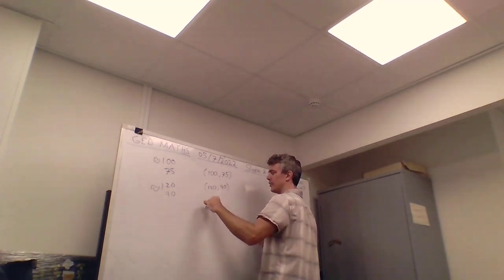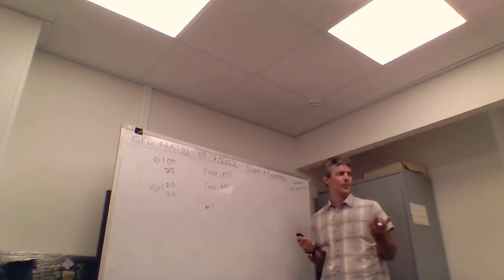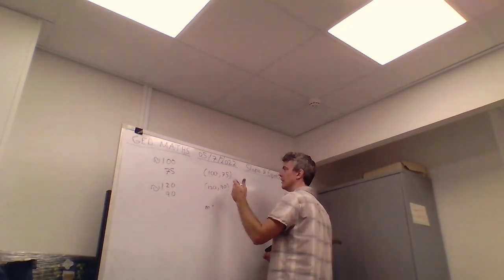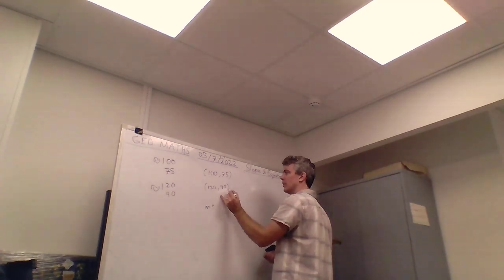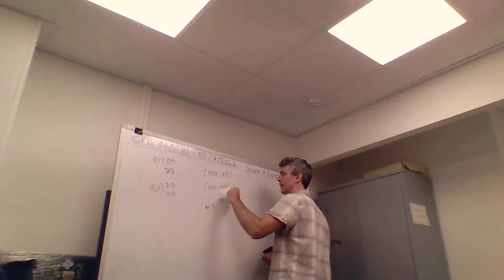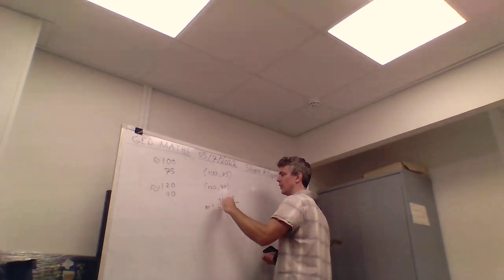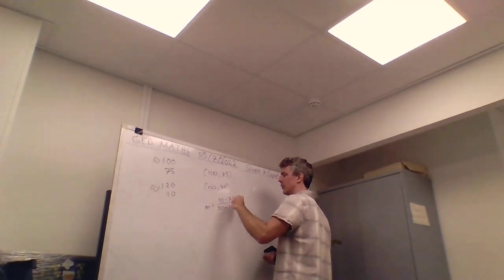The slope is 90 minus 75 over 120 minus 100.